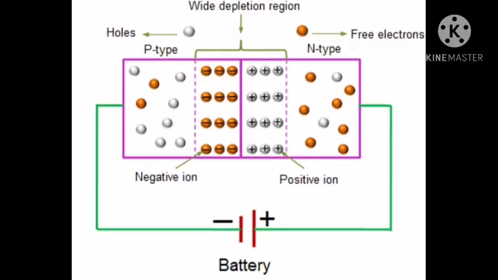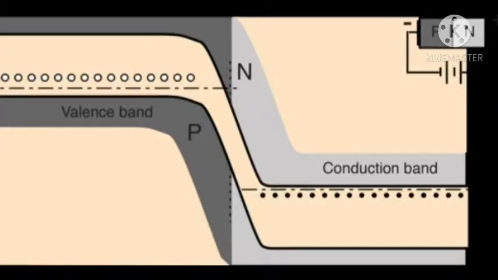Under a very high reverse voltage, the potential barrier across the PN junction also increases, leading to a very high electric field. An electric field actually works like a force across the junction.